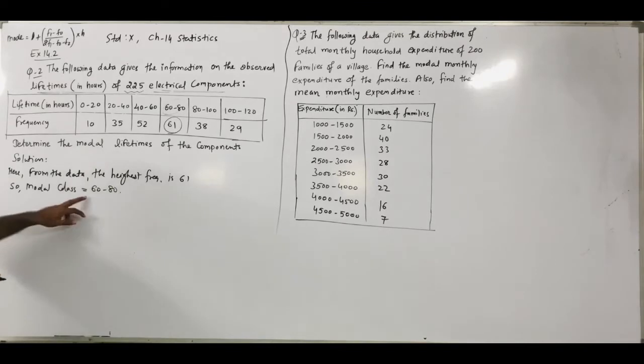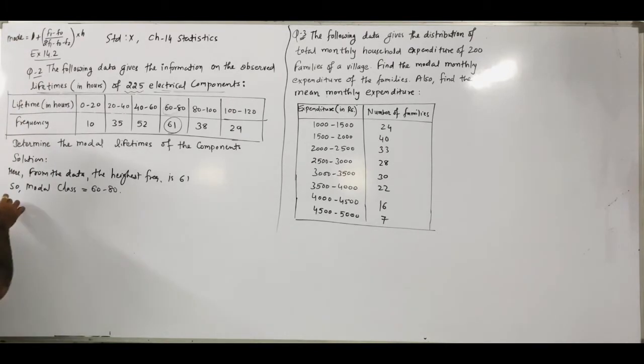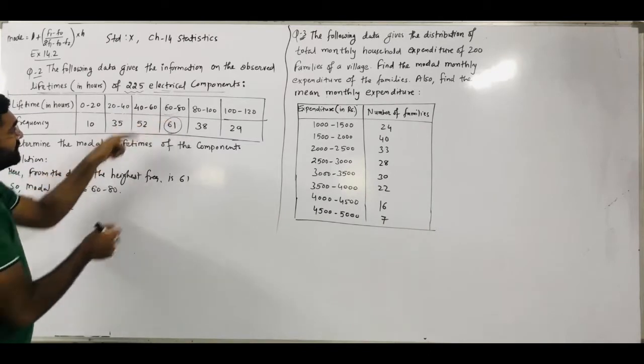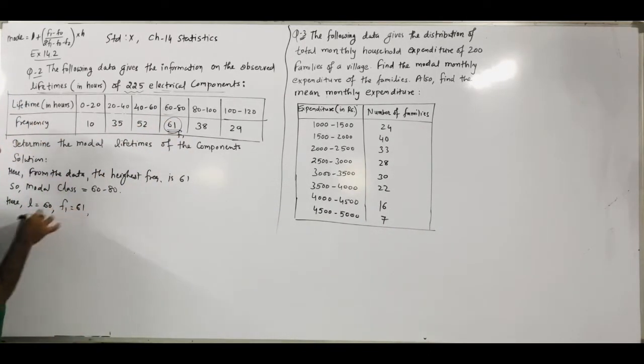Now from the modal class we have to write all the required values for the equation. First, the L value: the lower limit of the modal class, which is 60. Then we require the F1 value. In the first question we already discussed, F1 is the modal class frequency. The modal class is 60 to 80, its frequency is 61, so F1 is 61.